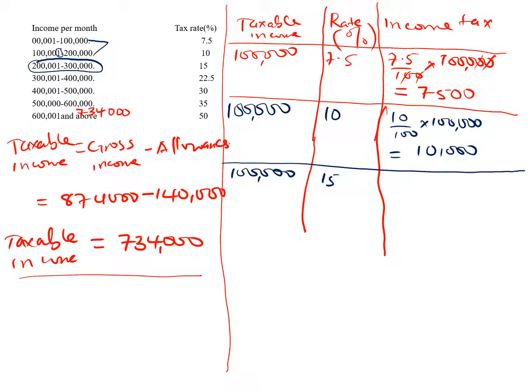And then here we shall have 15 out of 100, then times 100,000, and we get our answer as 15,000 as the income tax. Then also we can still proceed.